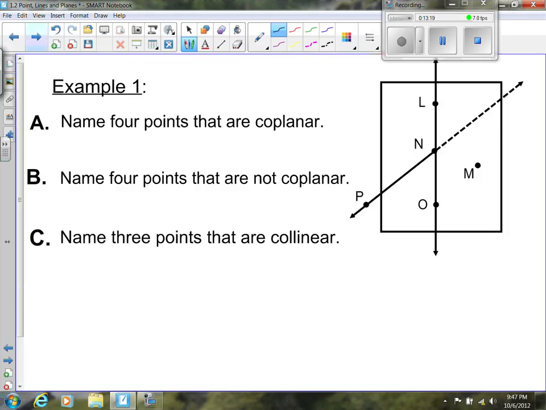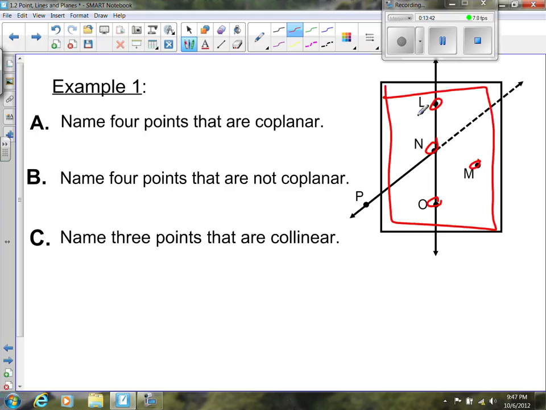Alright, so we got some examples. We've got to start moving here. Try to get you to the rest of your night here. Name 4 points that are coplanar. Coplanar means all on the same plane. So I look at this and I say, these 4 points are all on this rectangle.